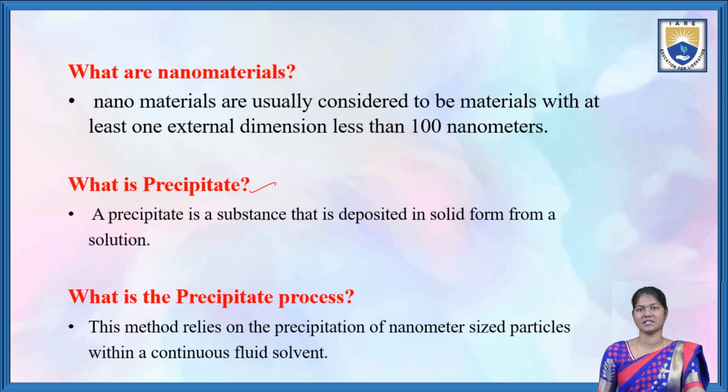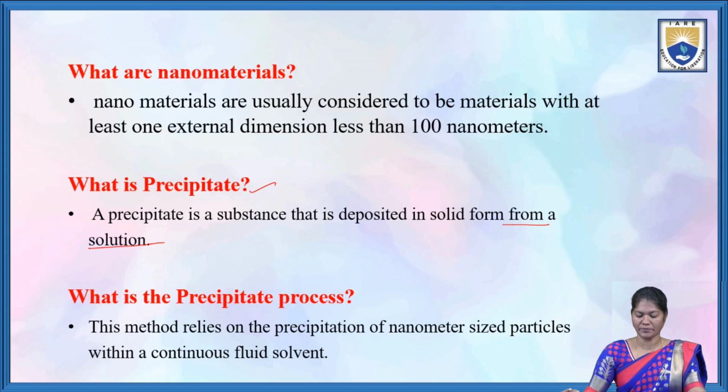A precipitate is a substance that is deposited in solid form from a solution. If we keep on adding solute to the solvent, after some time, some amount of the solute couldn't dissolve in the solvent.